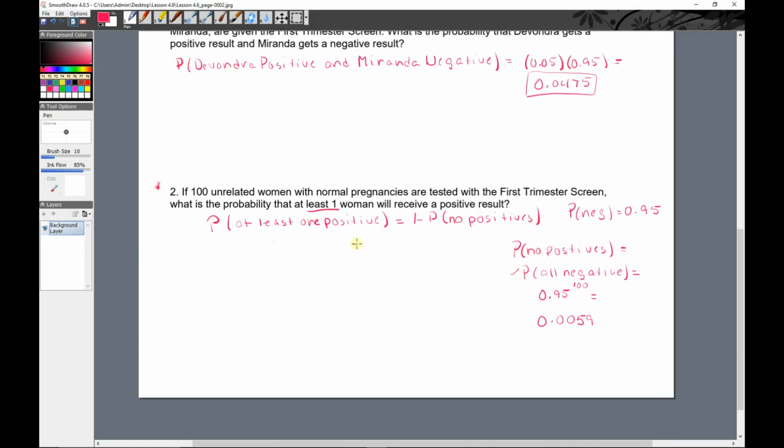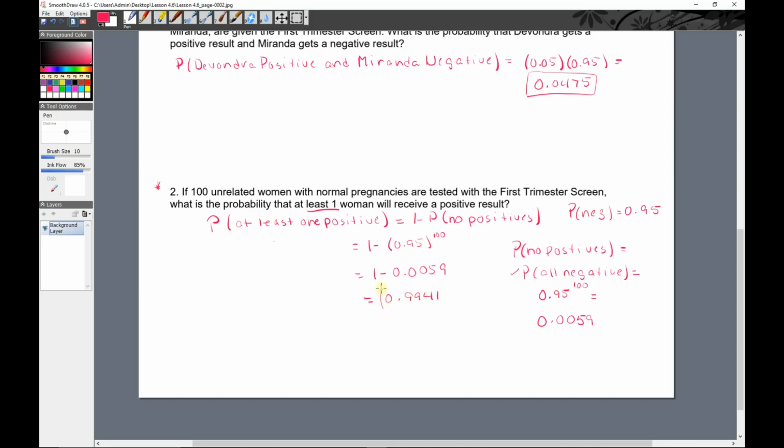So we can write this as 1 minus 0.95 to the 100th power, or we could write it as 1 minus the number that we found, 0.0059. Either way, our answer is going to equal 0.9941.